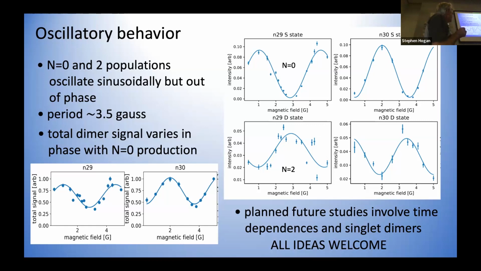You do the same thing for 30, and you see the phase is shifting. You still get this kind of oscillation, but in a different phase in the magnetic field strength. Okay, the period for these oscillations is about 3.5 Gauss. And another interesting thing is if you look at the total dimer signal, then it oscillates, and it oscillates in phase with the population of formation of n equals 0 states.